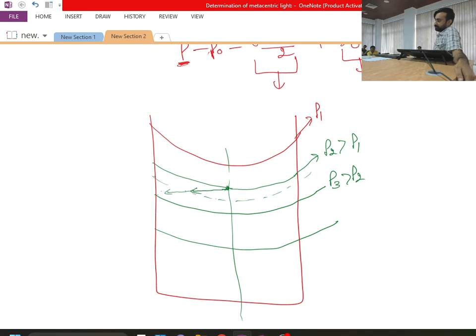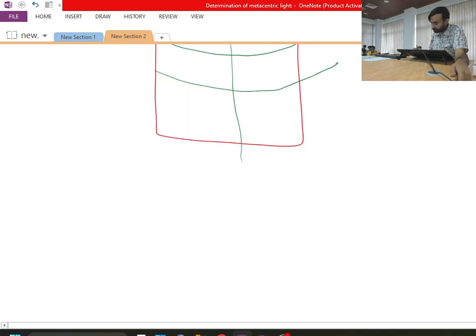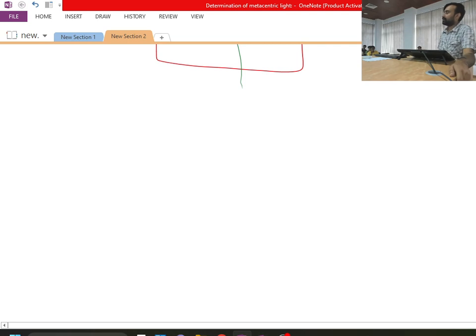Okay, so I thought that we will do one numerical problem also. For the time being, I will just write the problem statement. You can try it on your own. Problem number 1. Say I have a curved dam surface.